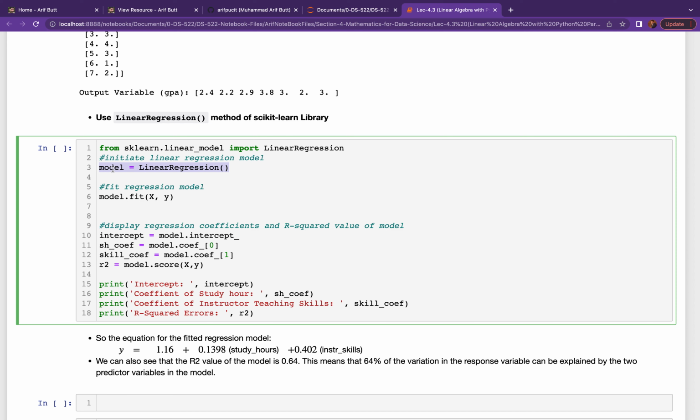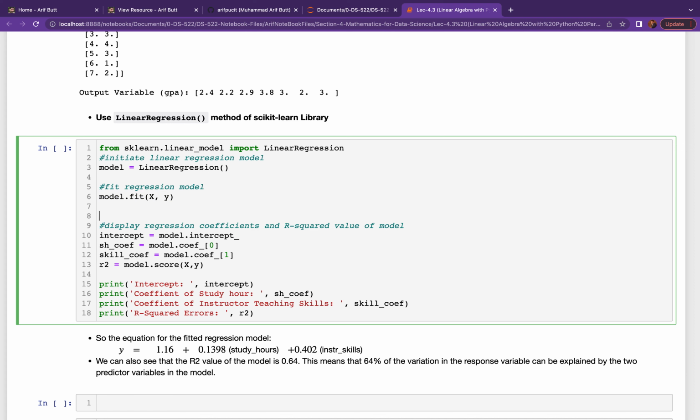And on this model, I have used this fit method, to which I have passed the matrix X, which is a 2 by 7 matrix containing the input variables, and the vector Y containing the corresponding outputs, that is GPA.